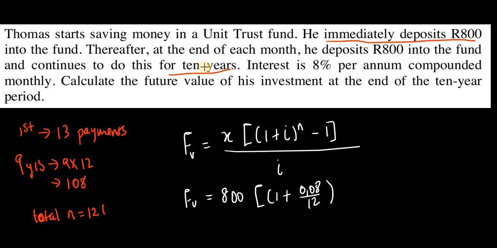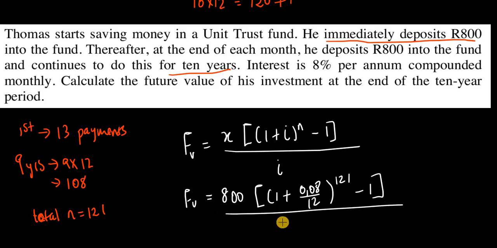Or another way to think of it: since they said 10 years, you simply say 10 multiplied by 12. That gives you 120 months, which means 120 payments. However, because you started immediately, you just add 1 to it. So you substitute 121 minus 1 all over the interest, which is 0.08 over 12.